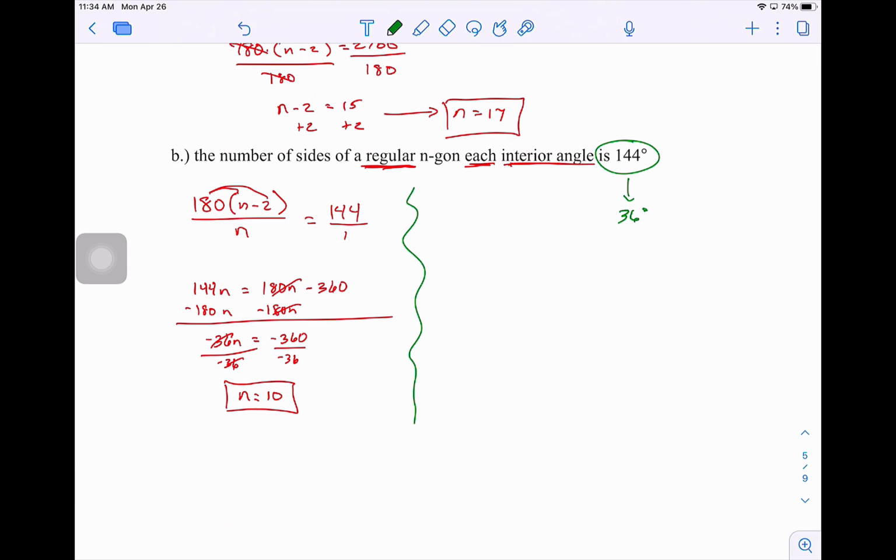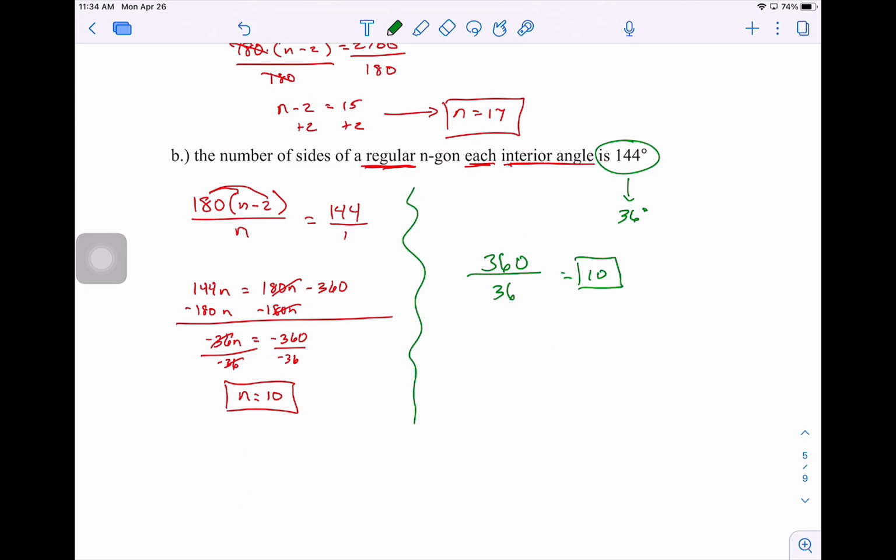And we know that the sum of all the exterior angles, no matter what shape I'm dealing with, is 360. So if we take the total of 360 degrees, and each angle is 36, I can divide by 36, and that'll tell me how many angles I have, which in this case is 10. Notice you get the exact same answer.